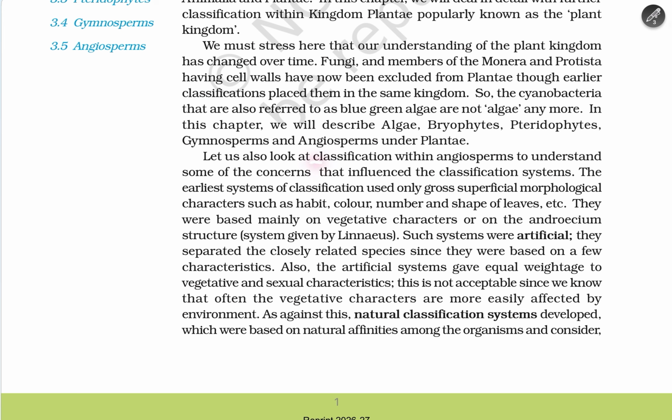Let us look at the classifications within angiosperms to understand some of the concerns that influenced the classification system. The earlier system of classification used only gross superficial morphological characters such as habit, color, number, and shapes of leaves. They were based mainly on vegetative characters or on androecium structure, as in the system given by Linnaeus.